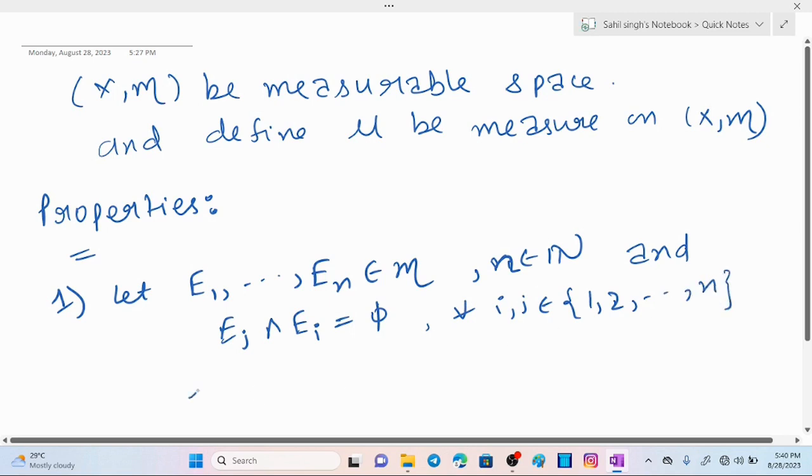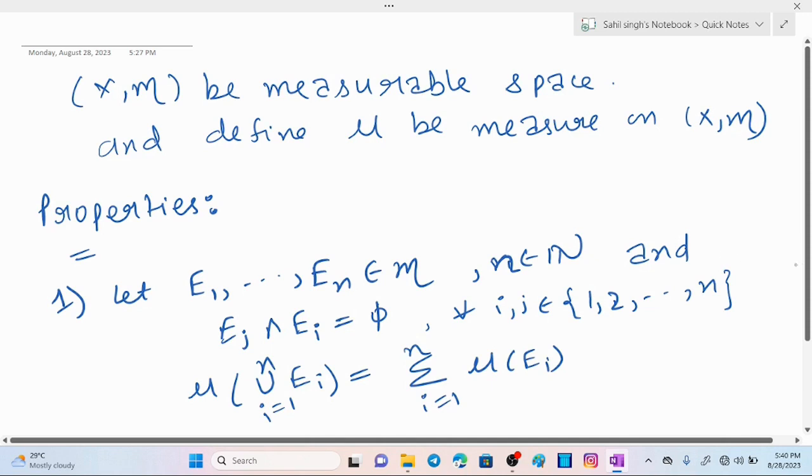Then this property says that the measure of the union of all the Ei's, i running from 1 to n, is the same as the sum of μ(Ei), i running from 1 to n.